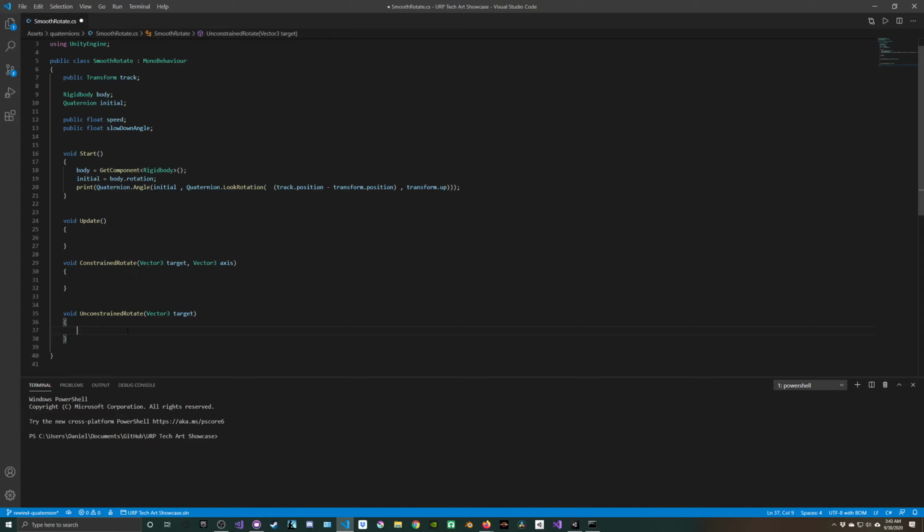Okay, so let's logically think about what we have to do here. So the first thing we're going to want to do is figure out what's the angle of rotation that we have to do to get from A to B. And the reason we want to do that is so that we can apply our maximum speed and our slowdown angle. So first order of business is getting that.